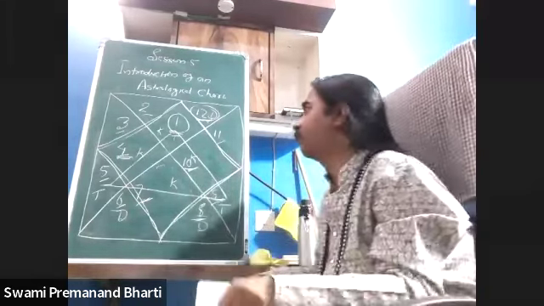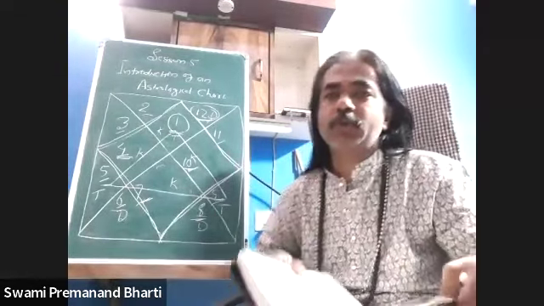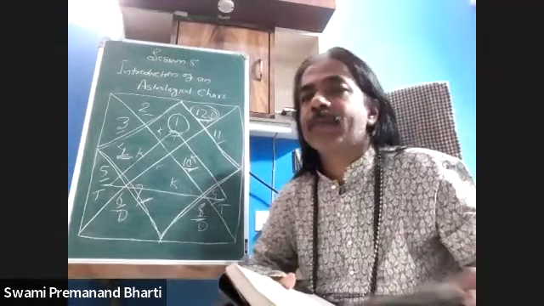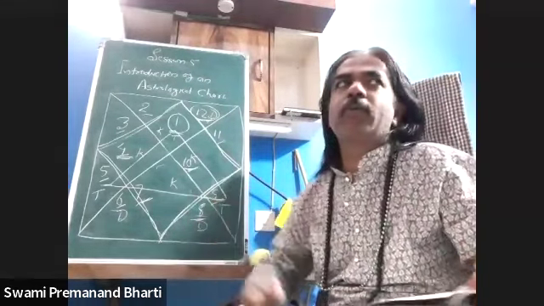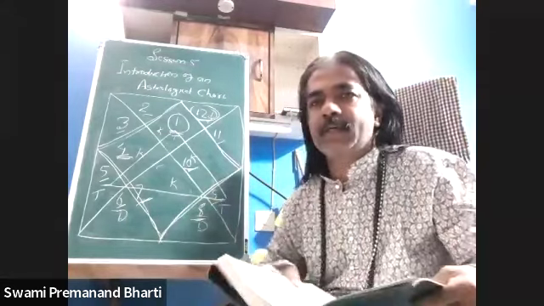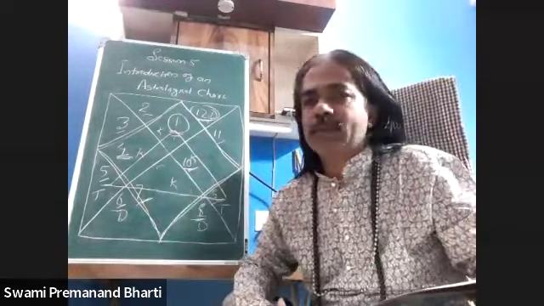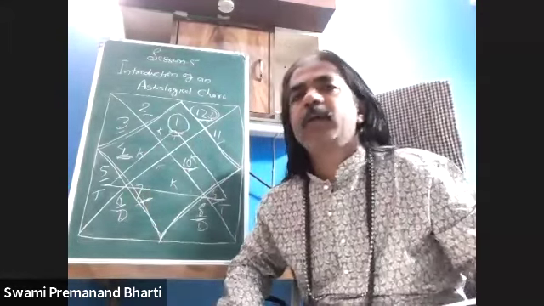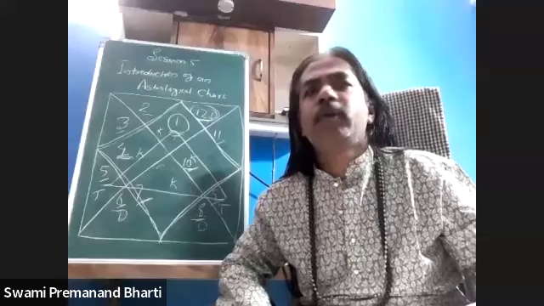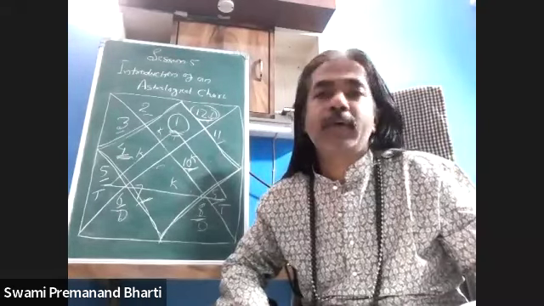If we have to compare which house is the most Dushtana, most evil, then it is the eighth house. The eighth house is the house of sudden events. Understand it like this: the sixth house represents your loans. If I'm taking a loan, I can prepare for it. I'm taking this loan for 10 years, how will I pay it?